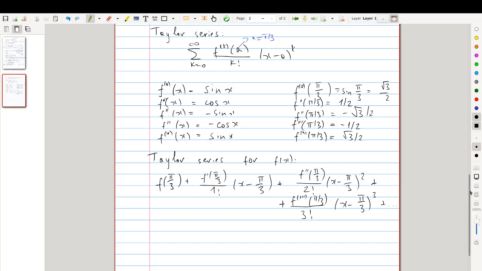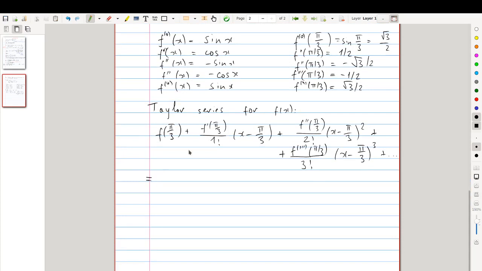Great. Now let us substitute all the relevant quantities. So we have f at pi over 3 equal root 3 over 2. Then I have to add 1/2, the derivative at pi over 3, divided by 1 factorial, multiplied with x minus pi over 3. Okay, and then the second derivative is negative.